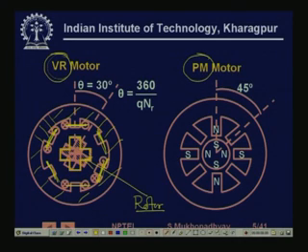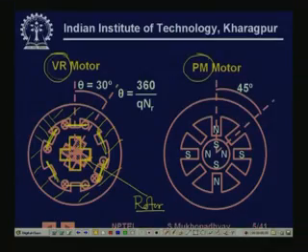Now, the principle of operation is exactly like that of, not a permanent magnet motor, but an electromagnet. So, this rotor is made of iron. When you excite, let us say, phase A, and you create an N pole here and an S pole here, that will depend on the sense of the currents that you are sending.